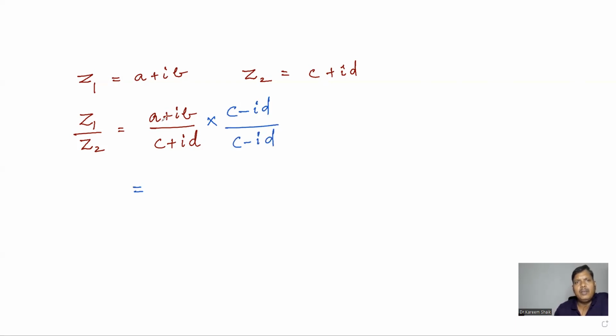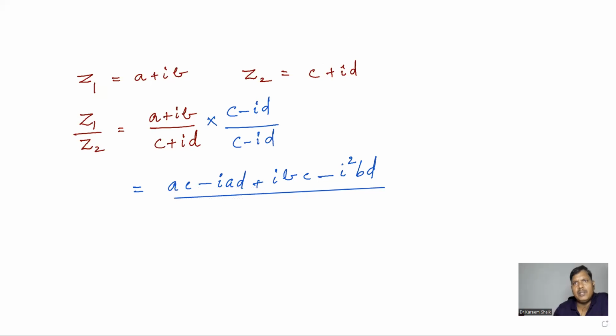Now observe here, a into c, ac, a into negative iota d, that means negative iota ad, plus into plus, iota b into c, that means iota bc. Now plus into minus, iota into iota, iota square, b into d, bd, upon, and so on.